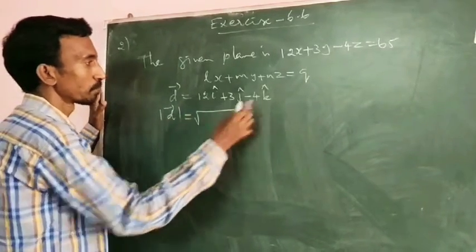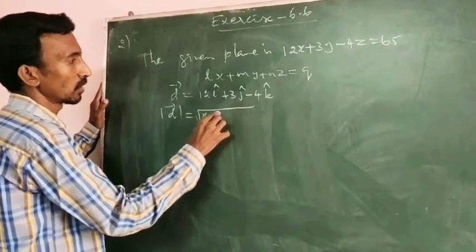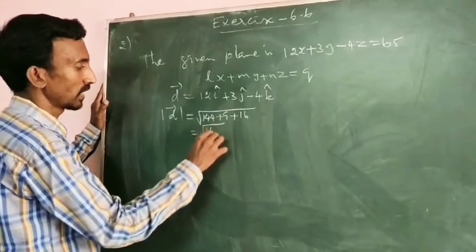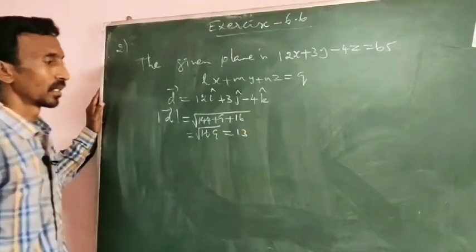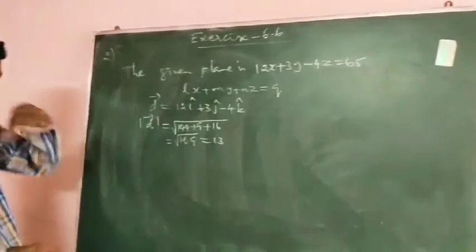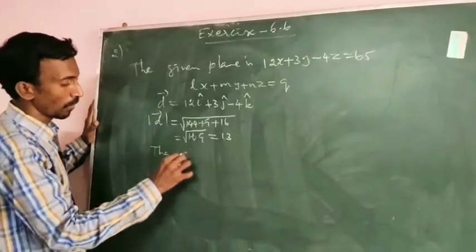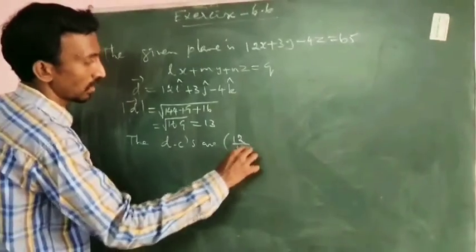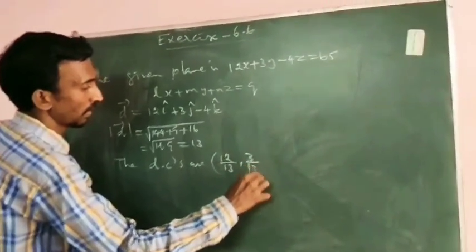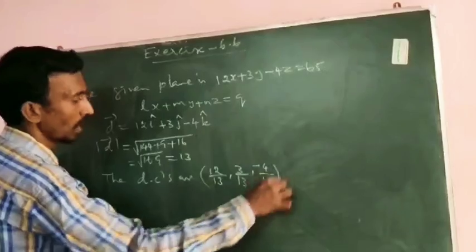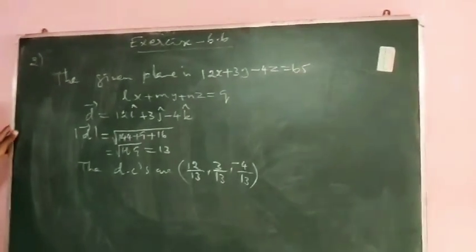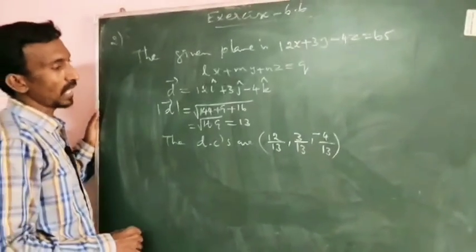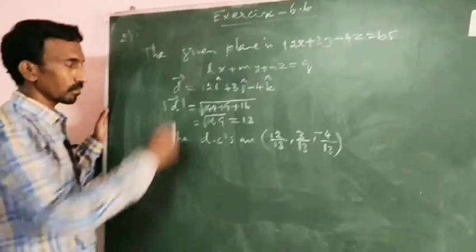So root of 144 plus 9 plus 16, so root of 169, that is 13. The first question is, what are the DCs, direction cosines? Therefore, the DCs are, first one, 12 by 13, comma, 3 by 13, comma, minus 4 by 13. X by r, comma, y by r, comma, z by r. Next one, find out the non-parametric form of vector equation.